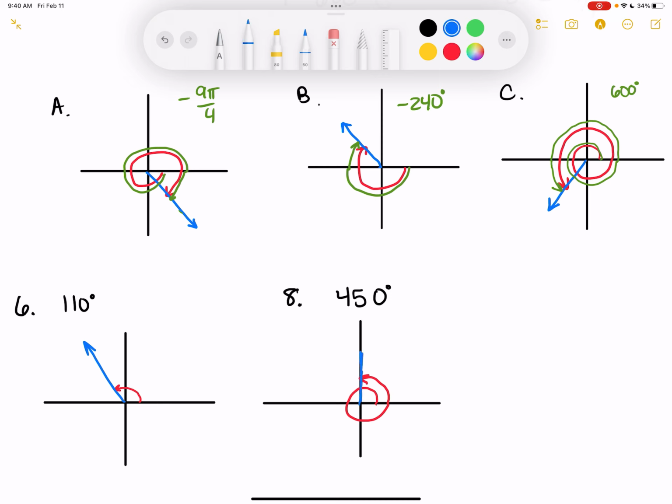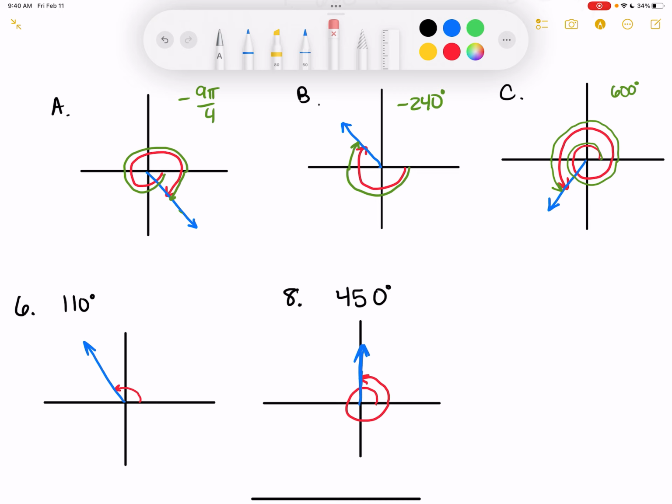Notice that it is going right on top of the y-axis there. That's where my angle is. This would tell you that the angle 450 is going to have the same values as 90. Those angles are the same. They would give you the same values if you needed to be solving something.